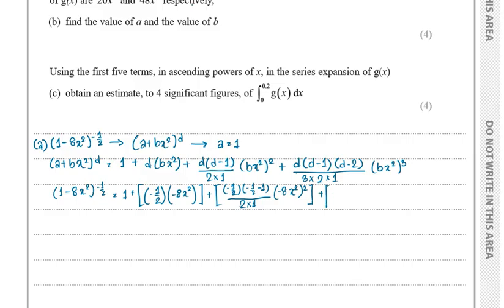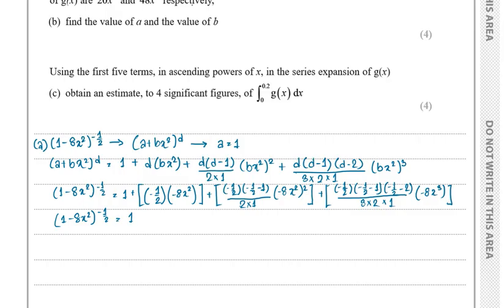And d here will be again minus half multiplied by (minus half minus 1) multiplied by (minus half minus 2) divided by 3 multiplied by 2 multiplied by 1, and b is (minus 8x squared) cubed, bracket close.